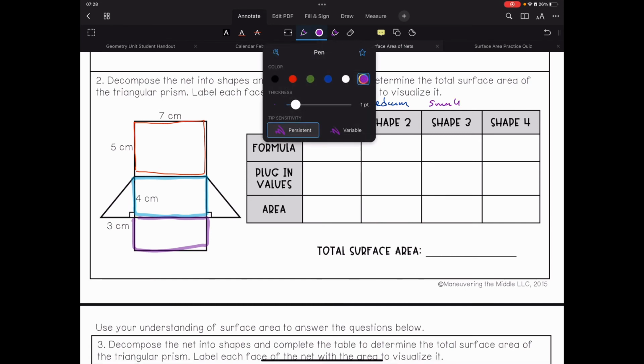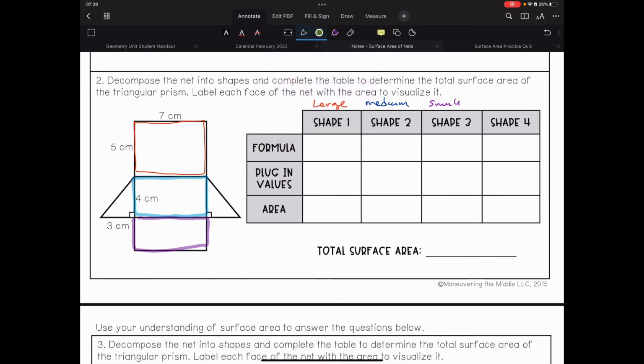And then finally, we have a triangle. We have 2 of them, right here and right here. So let's fill in our boxes, our table here with the information we have.